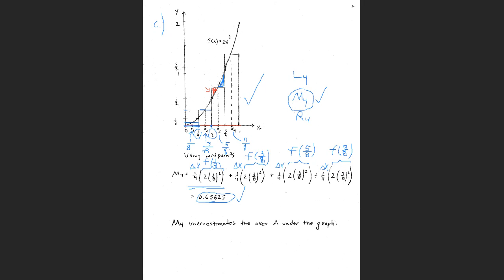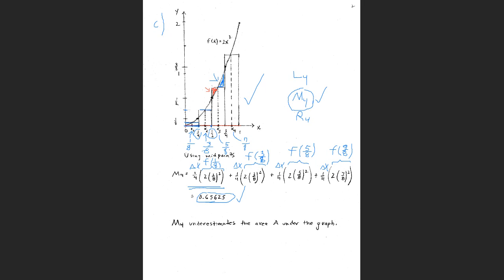So which is more, the blue area or the red area? The red area is the area that's contained in the rectangle. So the blue area is more than the red area.